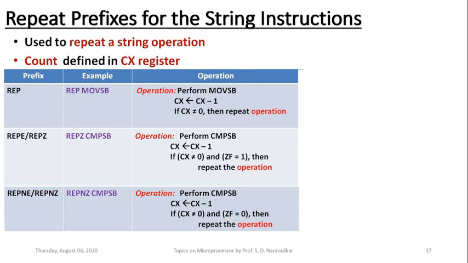The count you have to appropriately load or define within that CX register prior to using such repeat prefixes. So this is all about the string instructions here. I hope that you understood these concepts.